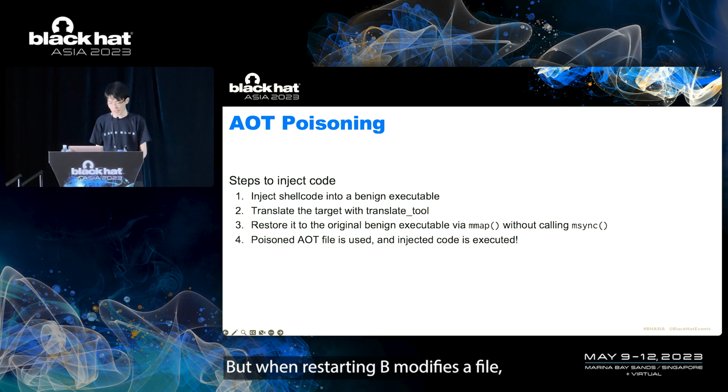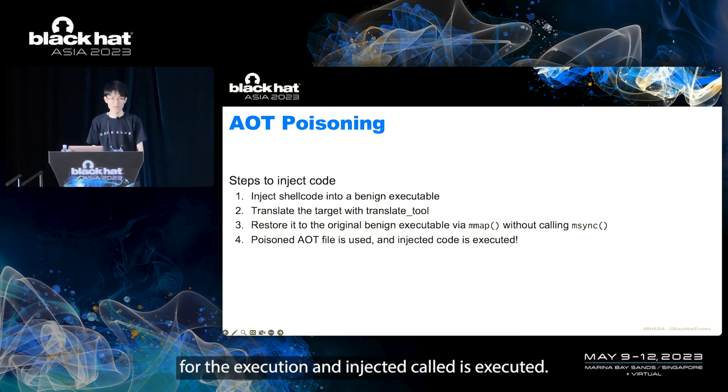But when restoring, we modify the file content via mmap without calling msync. Since this does not update ctime and mtime, the AOT lookup hash remains the same. So when running the target executable, the previous AOT file is used, that is, the poisoned AOT file is used for the execution, and the injected code is executed.